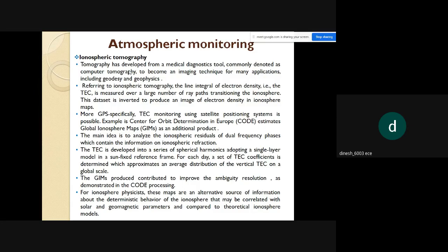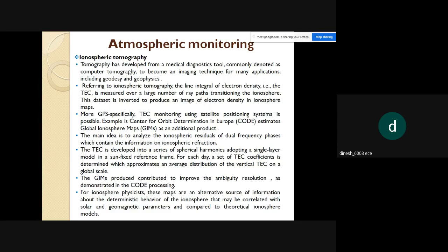Referring to ionospheric tomography, the line integral of electron density, that is the total electron content, is measured over a large number of ray paths, as the signal traverses the ionosphere. Here this data is inverted to produce an image of the electron density in ionospheric maps.